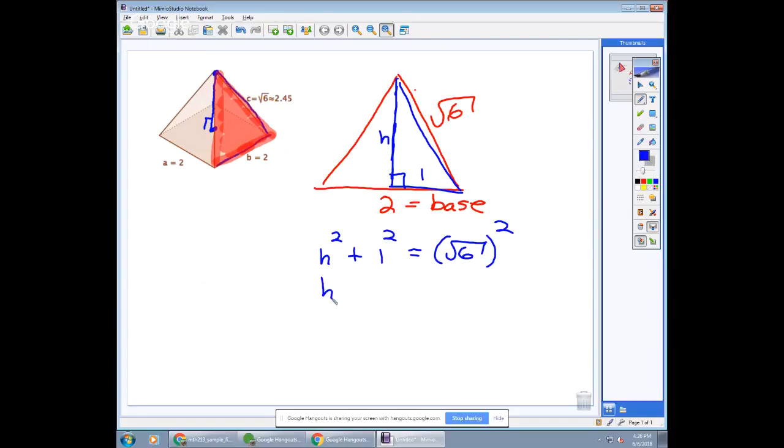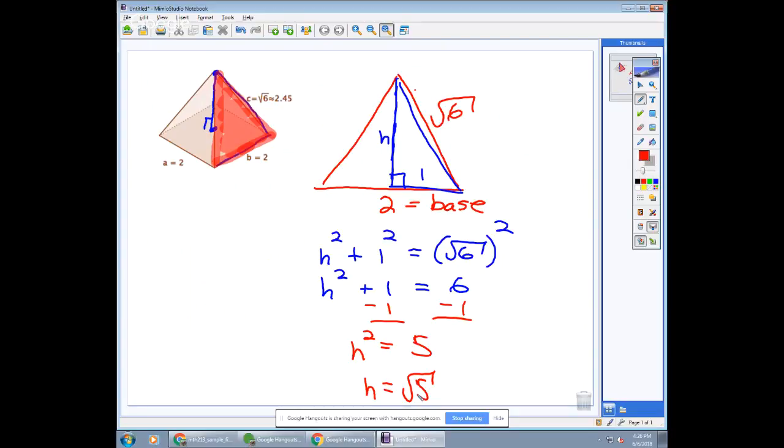So h squared plus 1 equals, what happens when you square a square root? It cancels, that's wonderful, we get a 6. Subtracting 1, h squared is 5, so h must be the square root of 5.